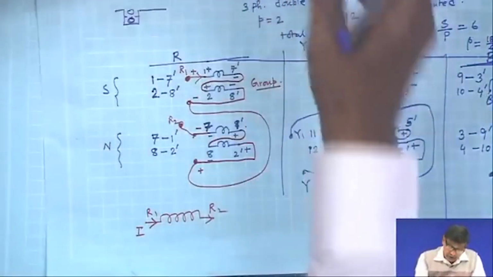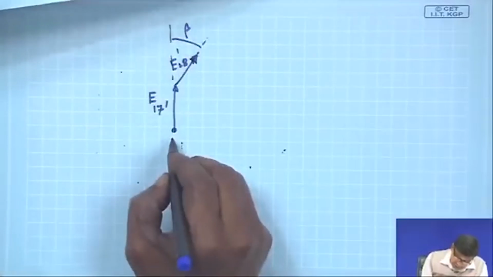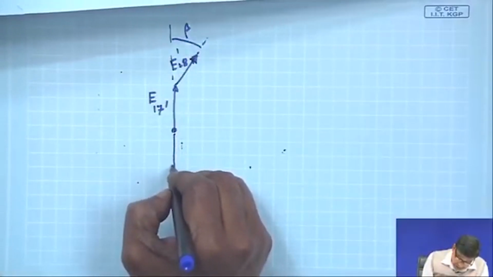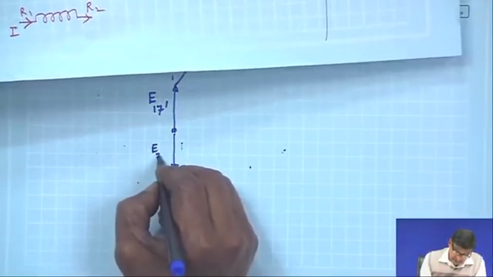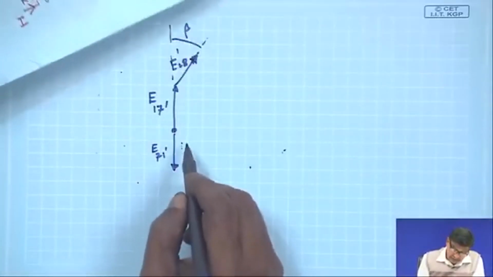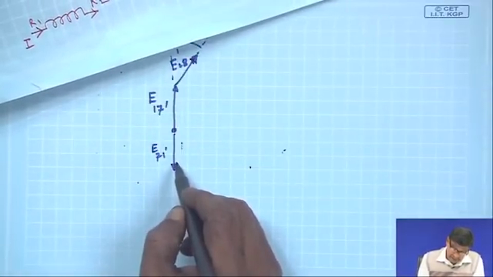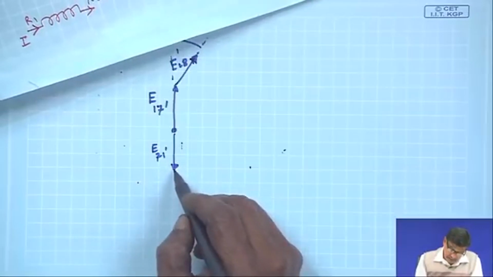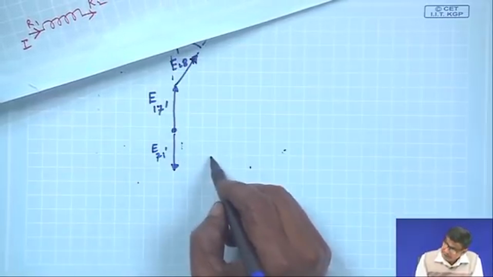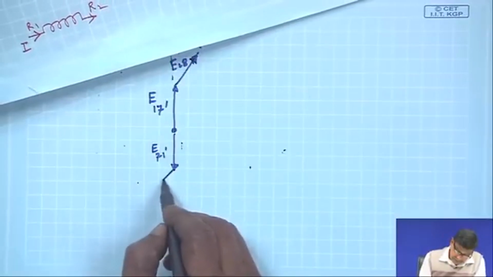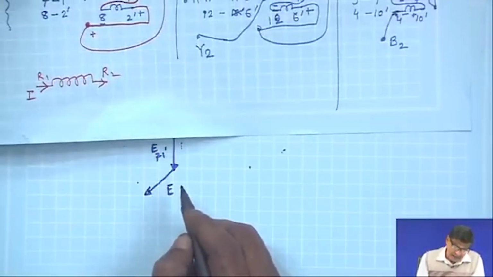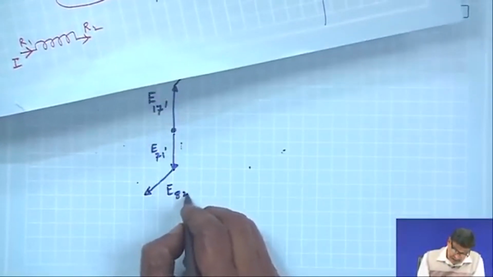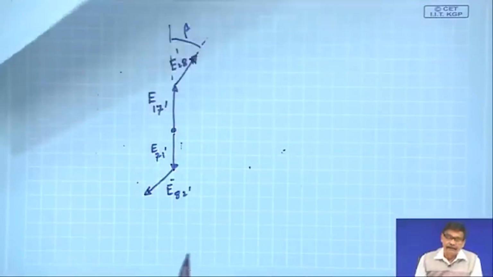These voltages, if I draw them, should be of equal length. This is E 71 dashed. Similarly, E 82 dashed will be lagging by 180 degree, this way.